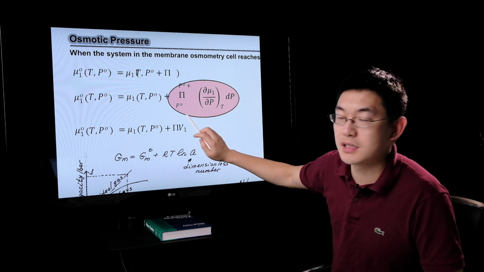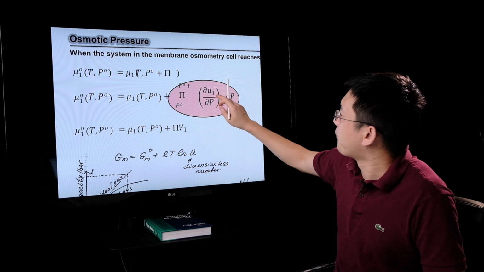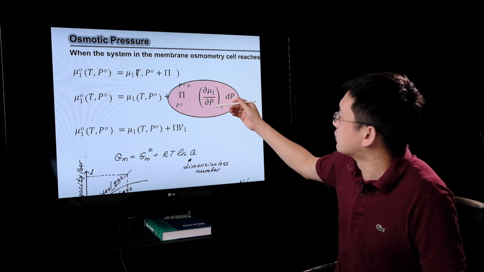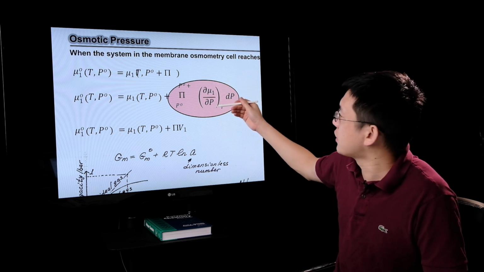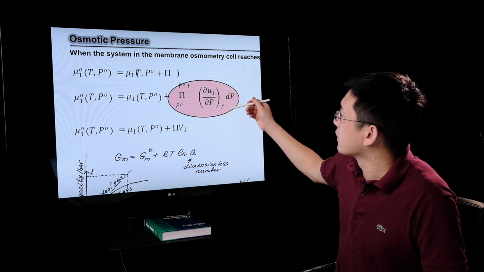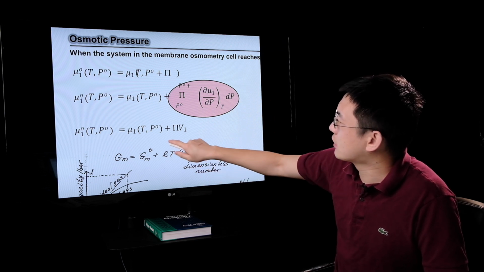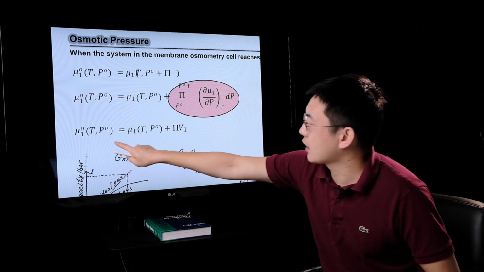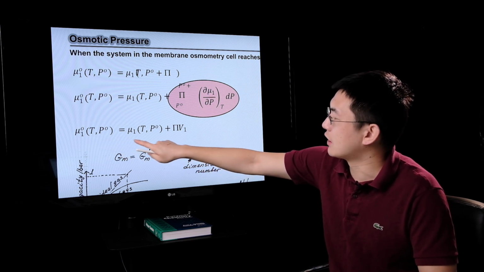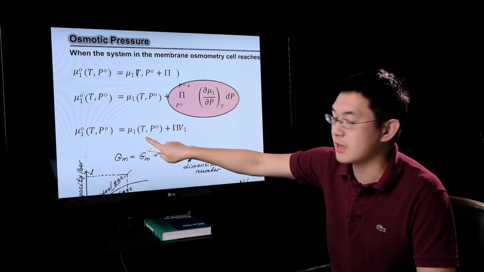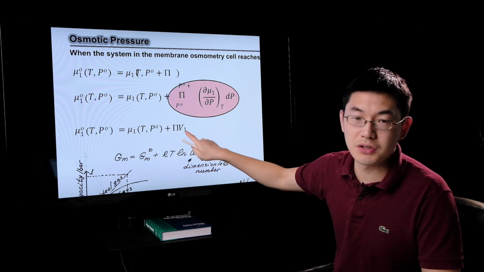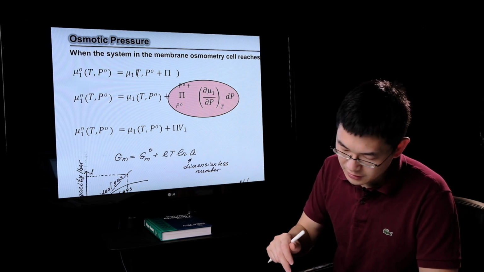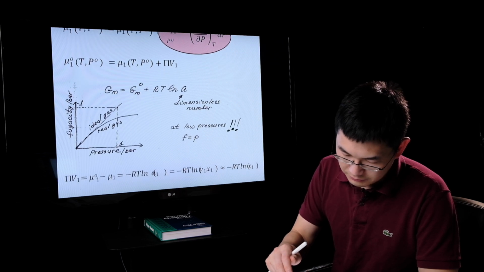Osmotic pressure is defined as the chemical potential's partial derivative with pressure, multiplied by dP. With that, you can reach this relationship where the left side will be equal to the right side multiplied by the chemical potential and Vi. Vi is the molar volume.